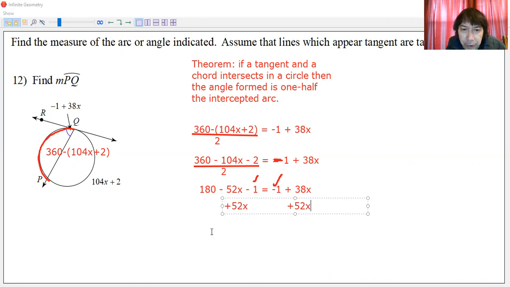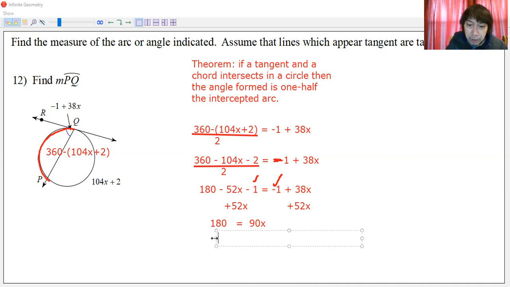So continuing with the next part of the equation, we have 180 equal to, 38 plus 52 is 90, so that gives us 90x on the right side. So our x is just 2 after dividing by 90.